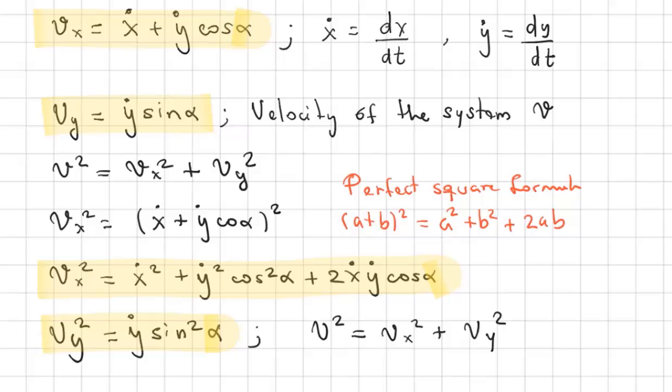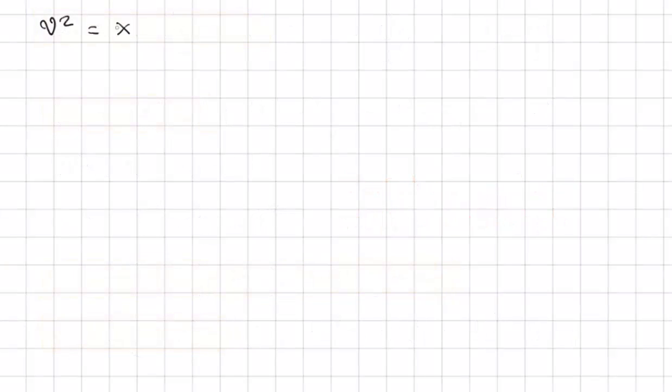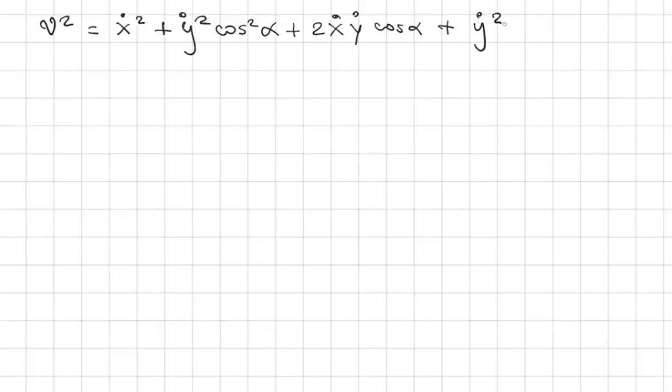We are going to replace those Vx squared and Vy squared into this square velocity formula to get the following. V squared is equal to x dot squared plus y dot squared cosine squared of alpha plus 2 x dot y dot cosine of alpha plus y dot squared sine squared of alpha.